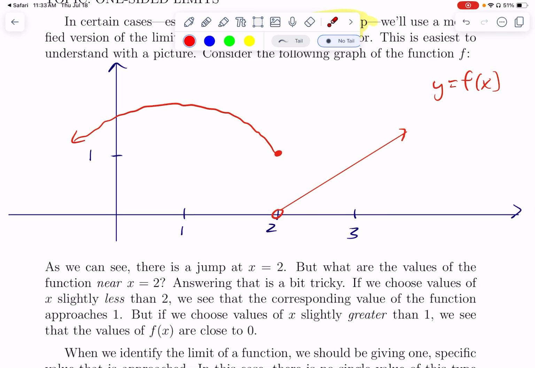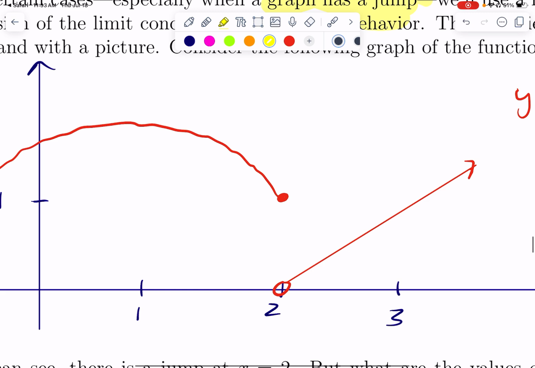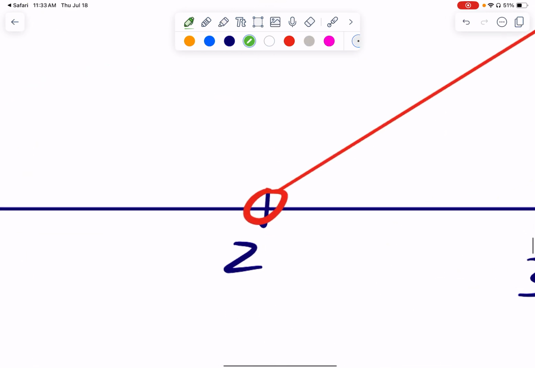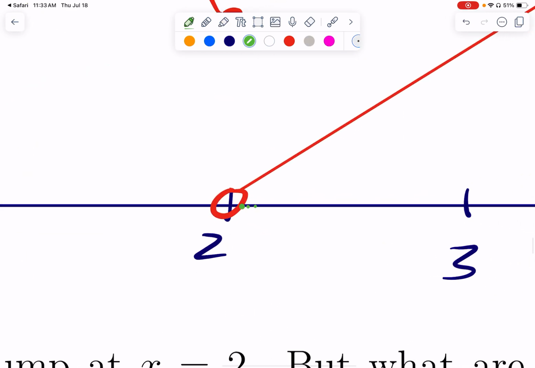So we know there's a jump at x equals 2. But how would we describe the behavior of the function near x equals 2? It's a little bit tricky to talk about what's happening near x equals 2 because there are two different places on the graph. Let's really think about this. Here down on the number line, all of these little dots correspond to values of x that are near 2.